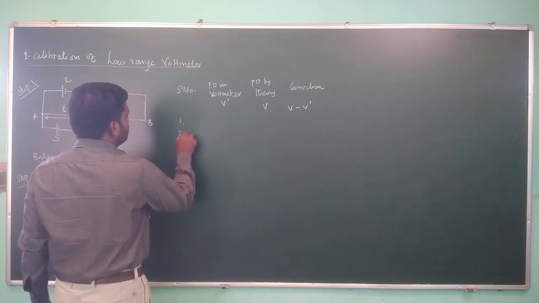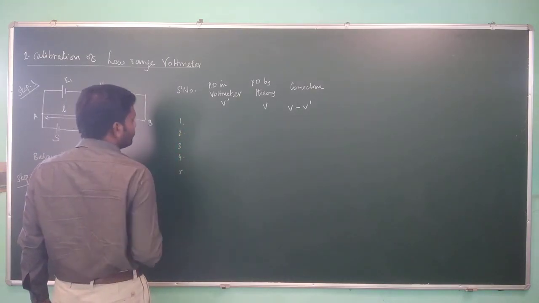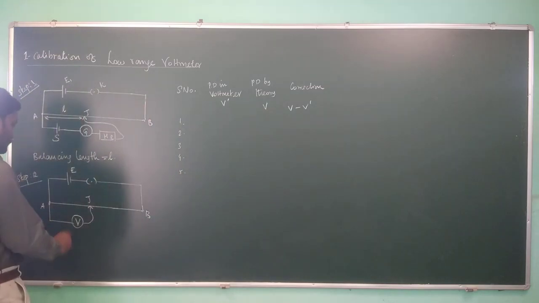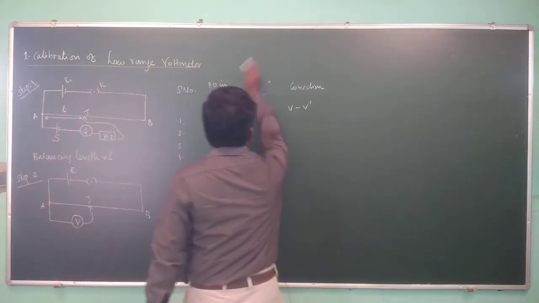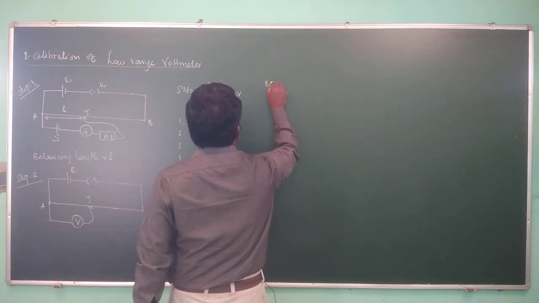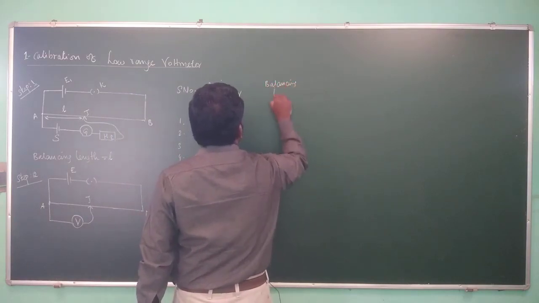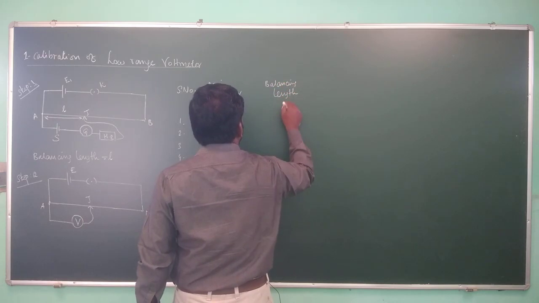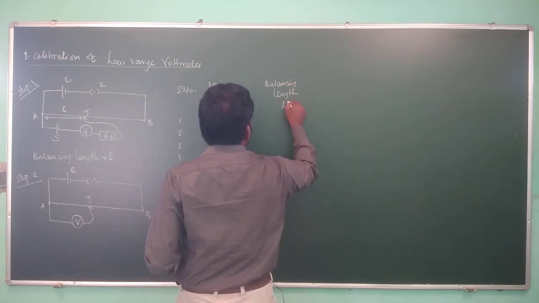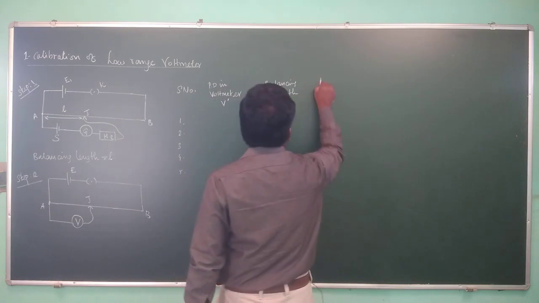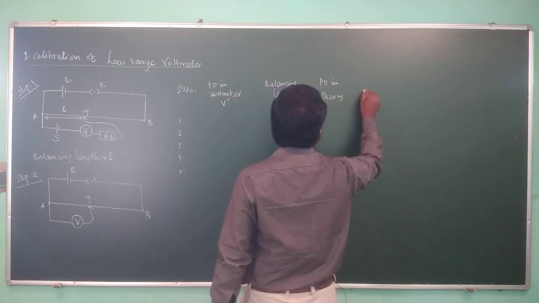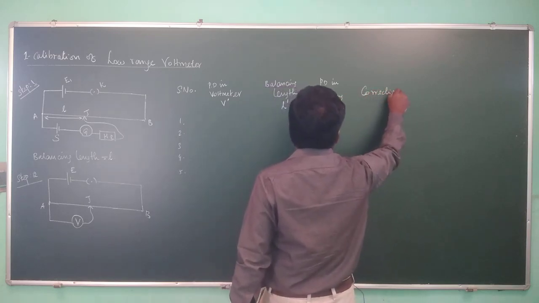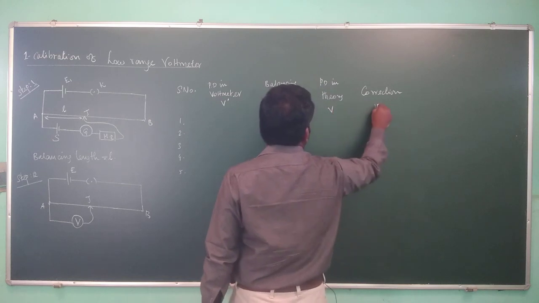You can take multiple readings. We have to move the sliding point and set it on another point, with balancing length L prime, then PD through theory, then correction, which will be V minus V prime.